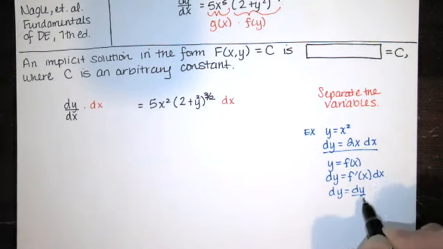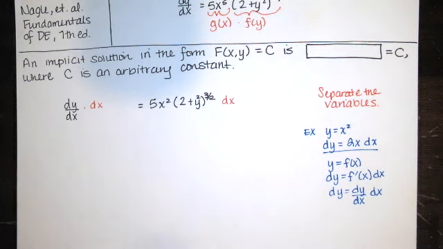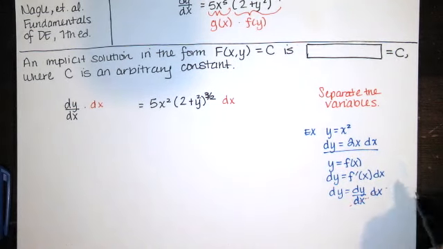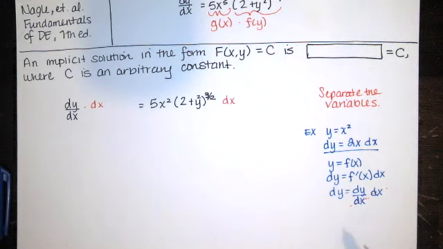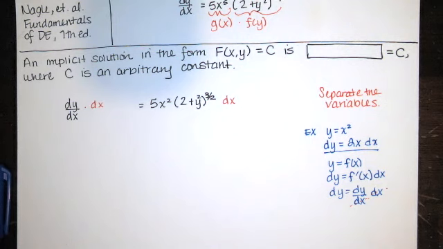We could use Leibniz notation rather than prime notation. And you might think that these are canceling out, and so we have dy equals dy, but they're not canceling out, but by definition, dy is this derivative times dx. That was the definition of the differential that we discussed in Calculus 1.